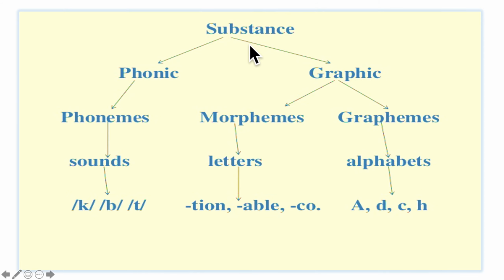Substance is further divided into two parts: phonic and graphic, that is, sound and written. Phonic has phonemes, sounds like ka, ba, ta. Graphic is divided into morphemes and graphemes. Morphemes refer to letters, graphemes refer to alphabets.